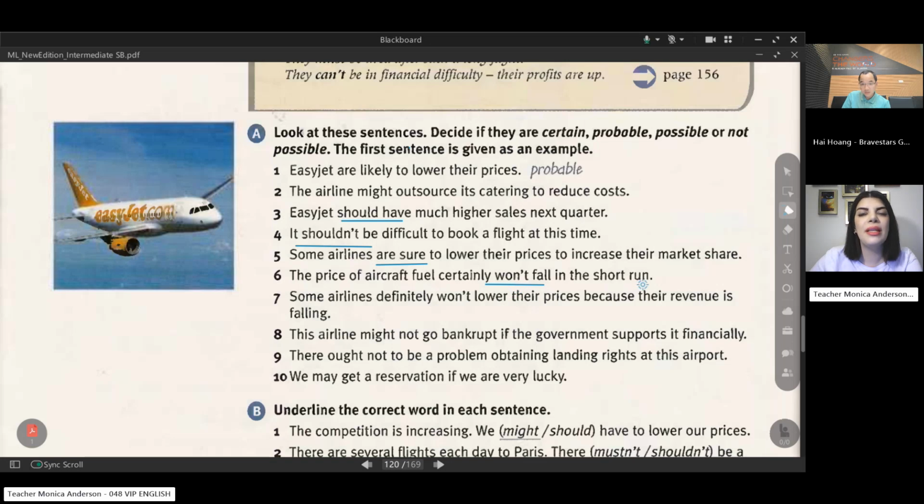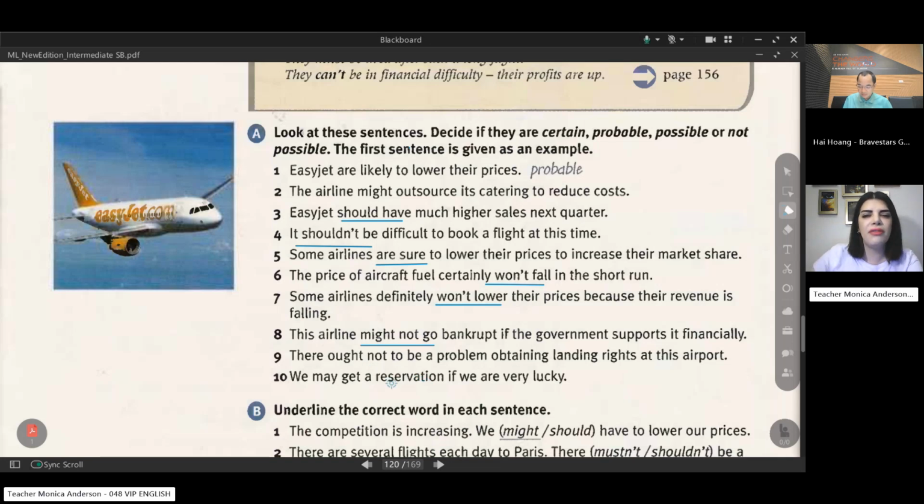This one is possibility, but negative, not possible. And 7. Not possible. Again, certain, of course, very good. That's not possible. 8, might not, may not, possible.